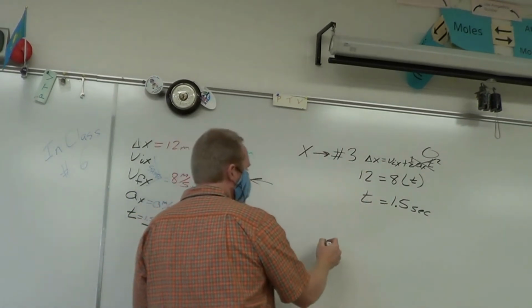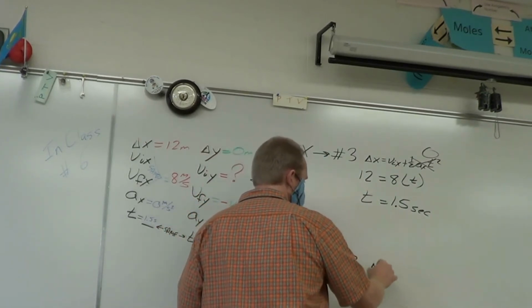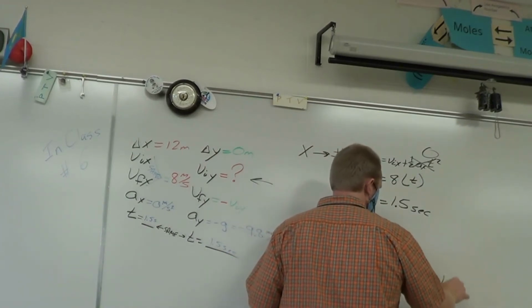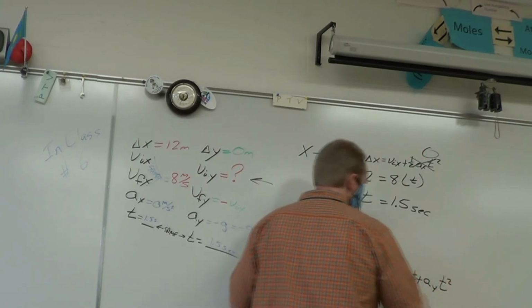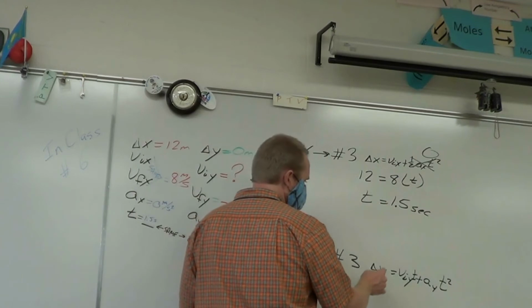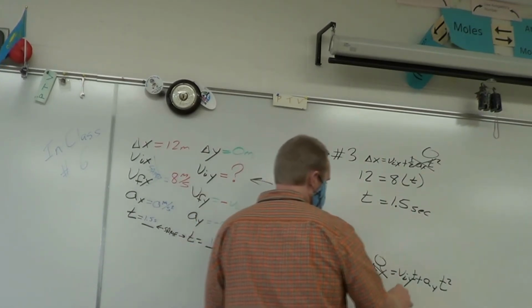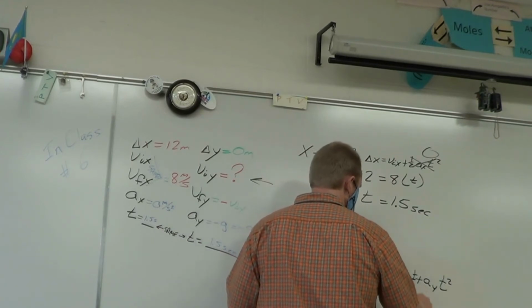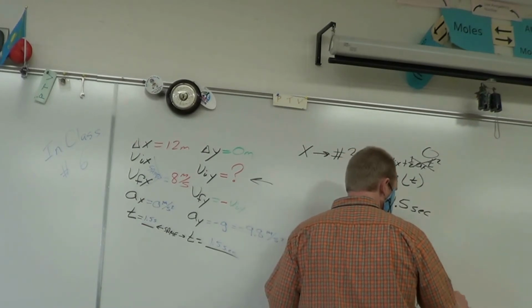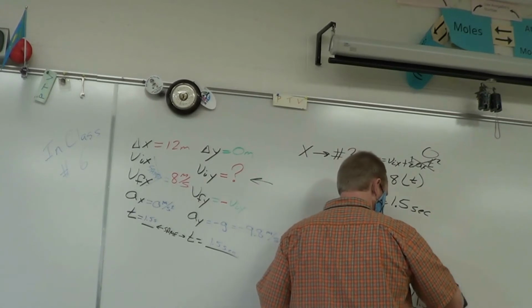What most people will choose is, in the y direction, equation number 3. So if my delta y is equal to 0, which it is, we can say VIY times my t, which is 1.5, we've already determined that, plus, oops, I missed something in there, sorry about that.